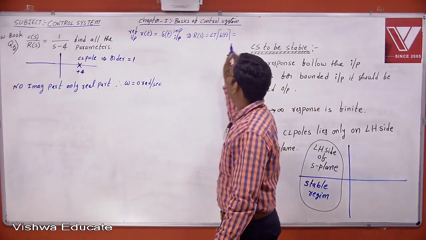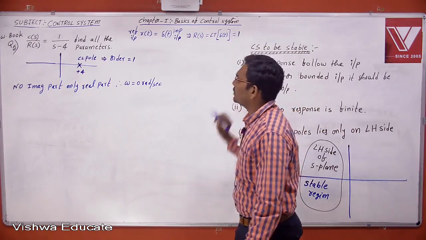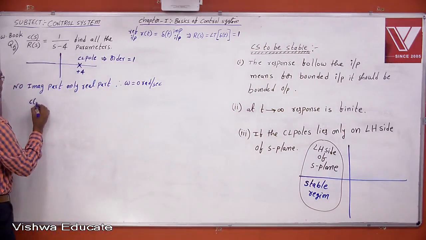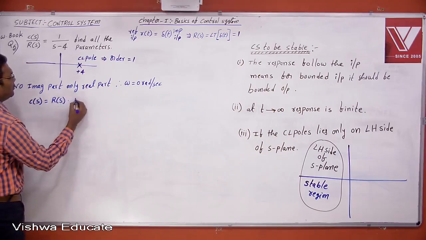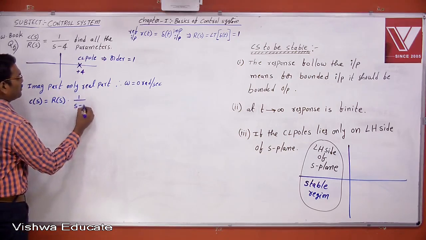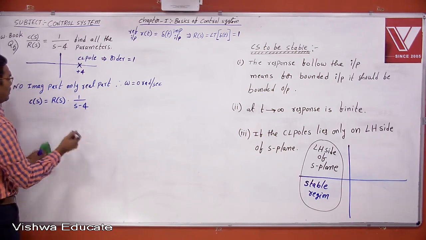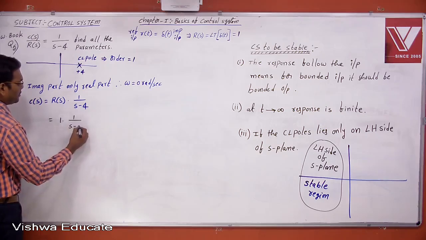The Laplace transformation of the impulse is 1. Therefore, C(s) = R(s) times 1/(s-4). What is R(s)? R(s) = 1, so C(s) = 1 times 1/(s-4).